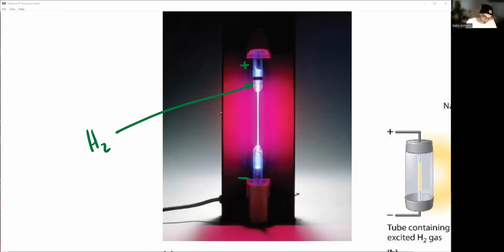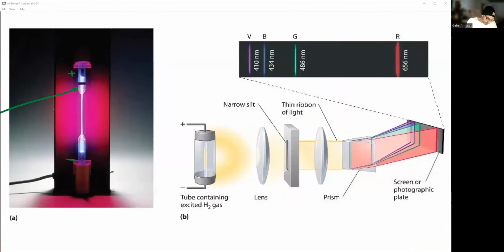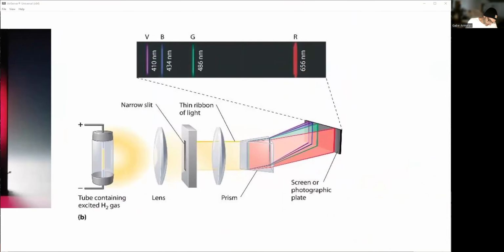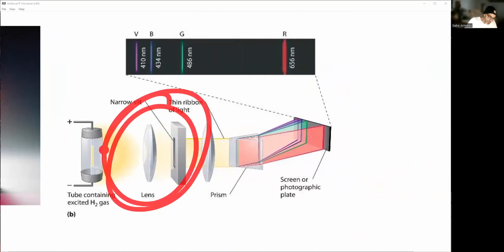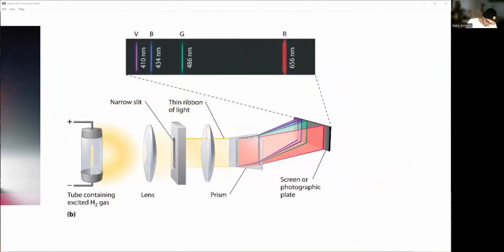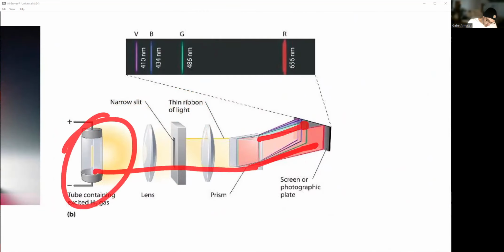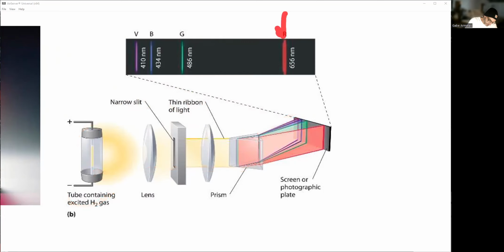So this is the hydrogen lamp, and it gives off this purplish color. We don't really care about the rest of this, which is basically just collimating, creating a line of white light. But what we see is the hydrogen lamp itself creates those four different colors, red, green, blue, and violet, in those very specific wavelengths.